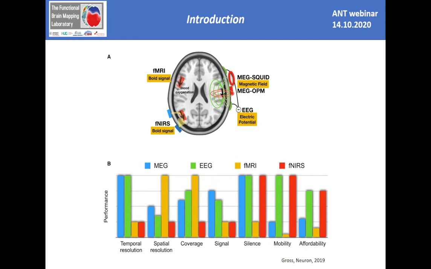So I think EEG has a bright future because the hardware is improving, plus there are more advanced computational methods that are leading to more advanced analysis as source imaging. So that provides new possibilities.